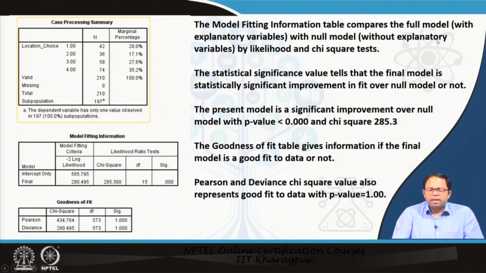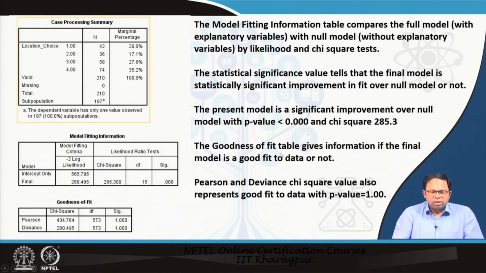The null model is basically the model with constants only, and in the constant-only model, this is the value of the log likelihood. In the final model, this is the value, and we can say that the final model is significant by checking the chi-square value. The statistical significance tells that the final model is a statistically significant improvement in fit over the null model, and this p-value is shown as less than 0.05.